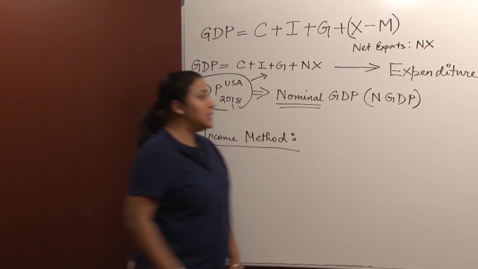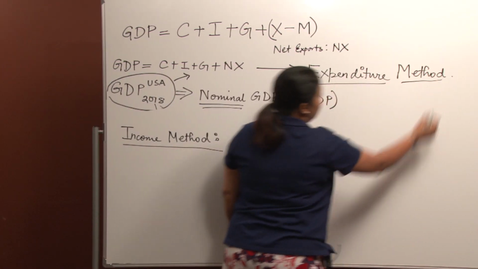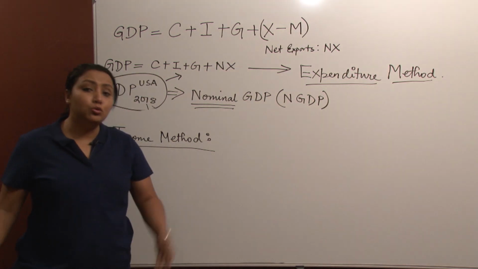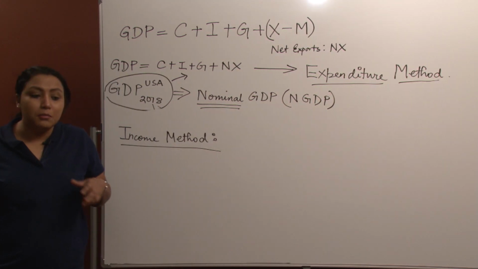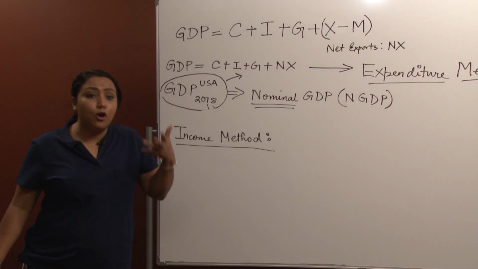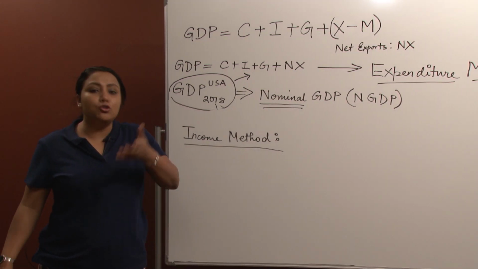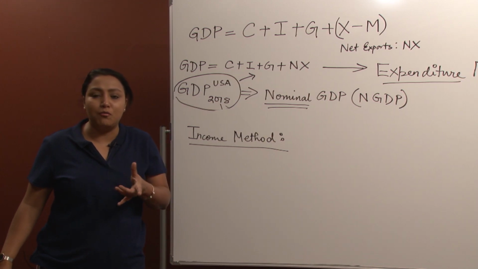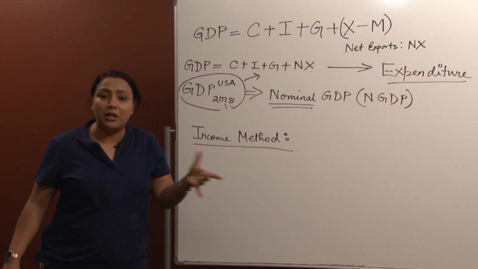Now, this expenditure method and the income method, these are really 2 sides of the same coin, because if you spend something, then obviously you should have got the money from somewhere, you should have earned that money from somewhere if you spend that money on something.